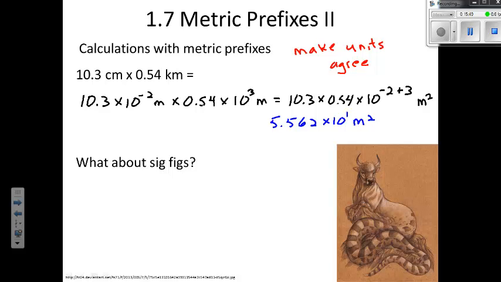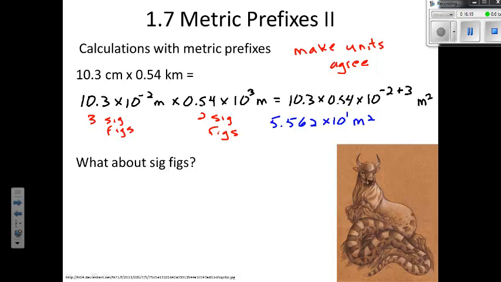Well, what about the sig figs? Sig figs. I have three sig figs here. Here I only have 2 sig figs. So I only can have 2 sig figs in my answer.